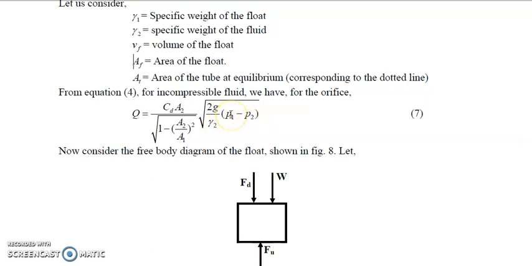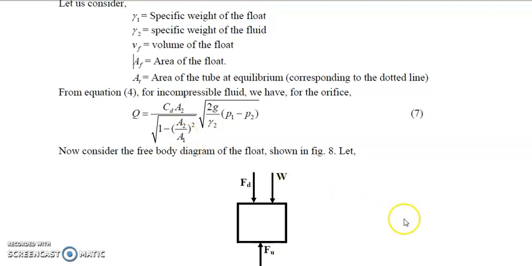If we are not able to learn the complete formula, we have to keep in mind that the flow rate Q is directly proportional to the square root of P1 minus P2. But here one difference is there, that A2 and A1 are also varying.